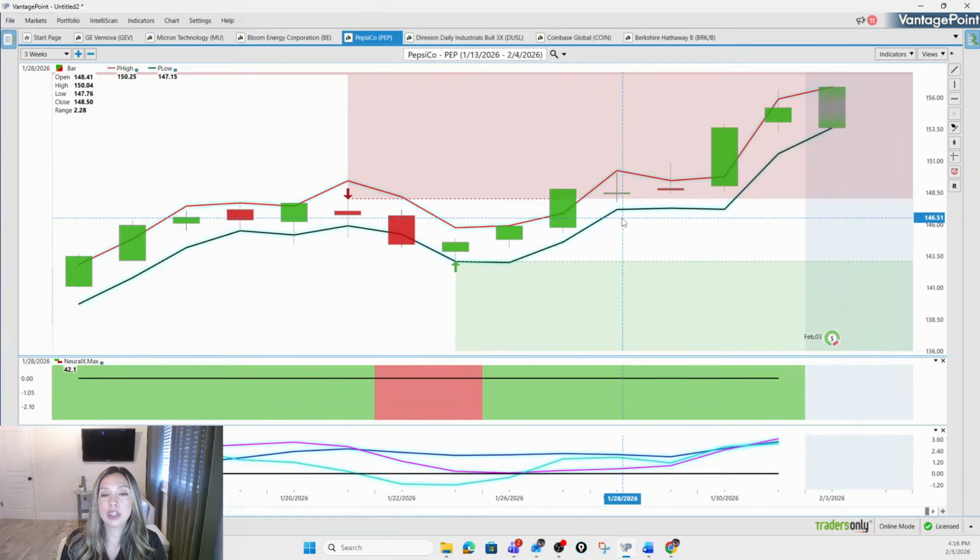You would have continued to ride that trend. And that's the importance of the predictive information here in VantagePoint. This is how to utilize AI to set more strategic stops, so you don't get stopped out early, so you can win more potentially, right? And hopefully not get stopped out as early, and really take advantage of those market trends.